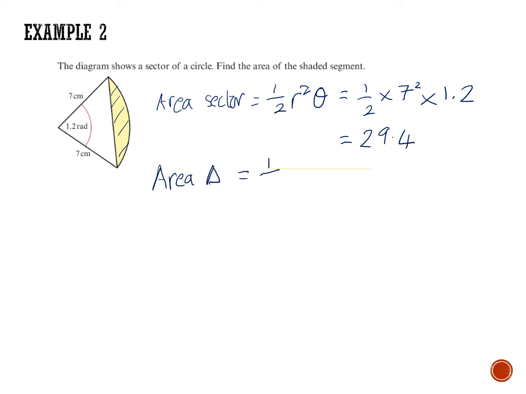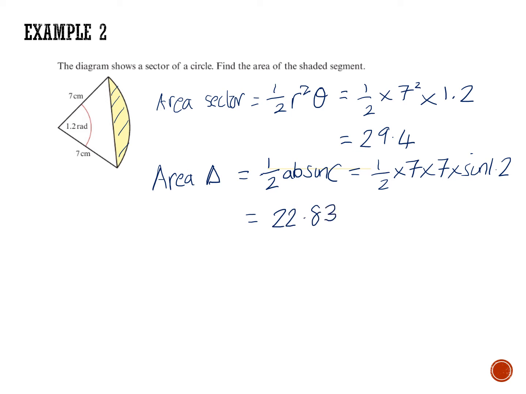Formula, half AB sine C. So relative to this, that's a half times 7 times 7 times sine 1.2 radians. Make sure your calculator is in radians mode. And you get 22.8349 dot dot dot.